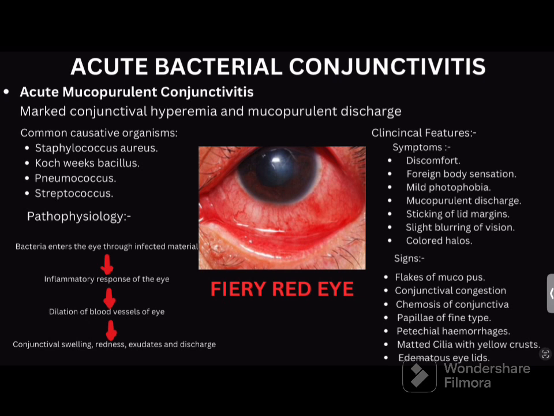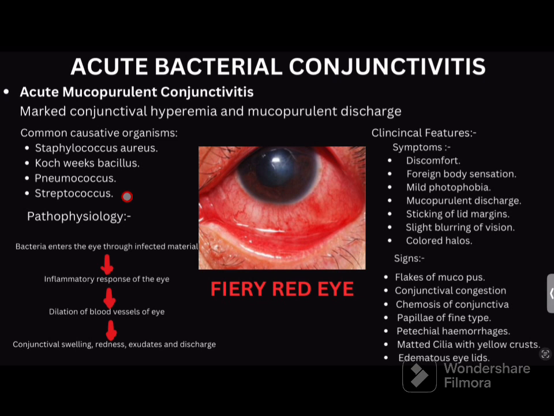The most common type of bacterial conjunctivitis is your acute bacterial type. Now, what are the common causative organisms? They are Staphylococcus aureus, the Koch-Weeks bacillus, the Pneumococcus, and the Streptococcus. Sometimes your mucopurulent conjunctivitis can occur after an exanthemata like measles or scarlet fever.